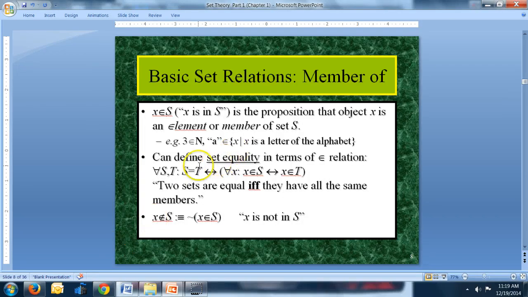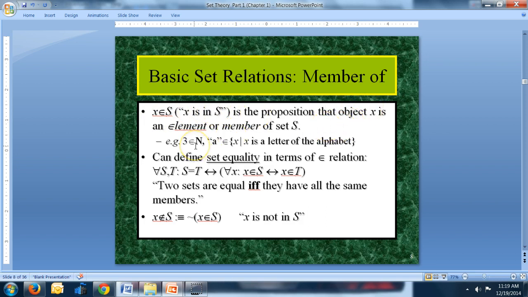The basic relationship here uses some notations. We refer to an element within the set as little x, and we use this notation for belonging to. This little a is an element of S, or x belonging to S. So x is an element of the set.